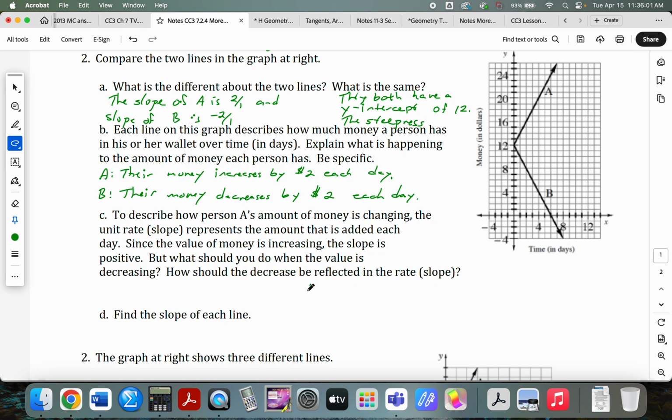Yeah, the slope is negative. And we've already found the slope of each line. For A, the slope is 2, and you can just leave it as 2. You can write it as 2 over 1. Either is perfectly acceptable as far as I'm concerned. And for B, the slope is negative 2.